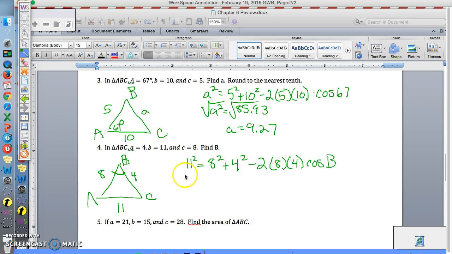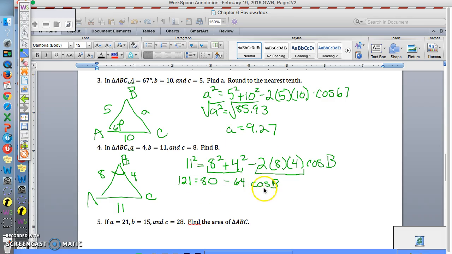And this is when we have to break it down here. So 11 squared is 121. We can put 8 squared plus 4 squared together, that is 80, minus 2 times 8 times 4, which is 64, times the cosine of B. And then we solve for it. And we can't combine these two.